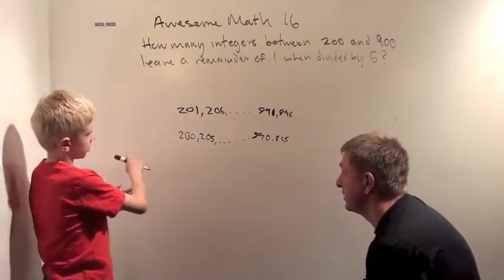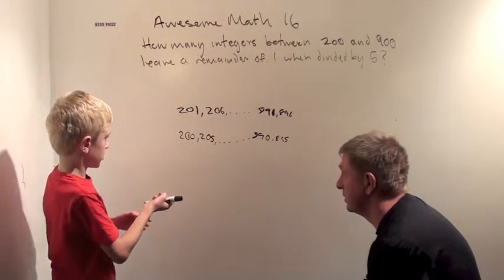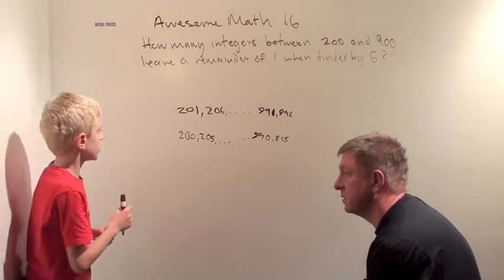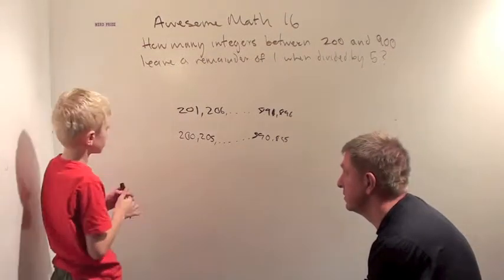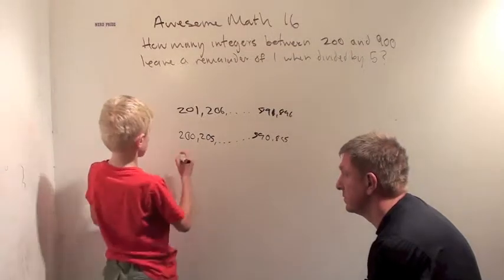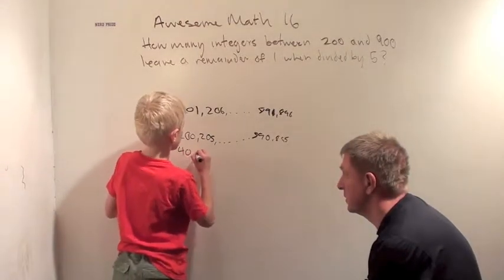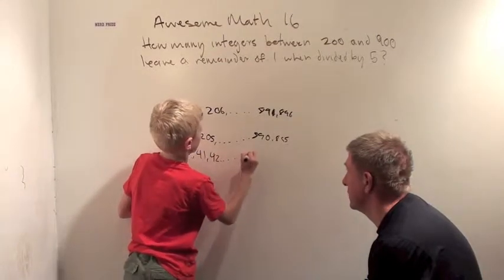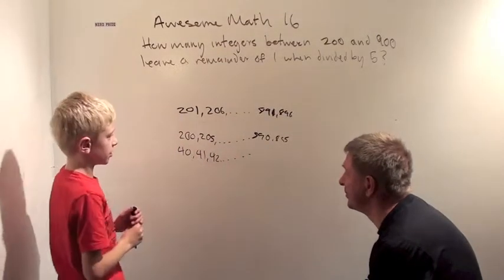Now we can divide everything by 5. Okay. So, over here, 200 divided by 5 is 40, so 40, 41, 42, and now 890.